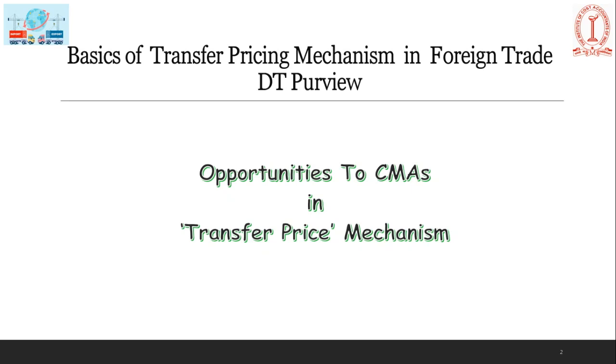Being a large and highly populated country, there are any number of opportunities, but they are not visible. That's why we have to put in the effort to avail them. In the same manner, in the transfer price mechanism, particularly in foreign trade transactions, opportunities are available for cost accountants.